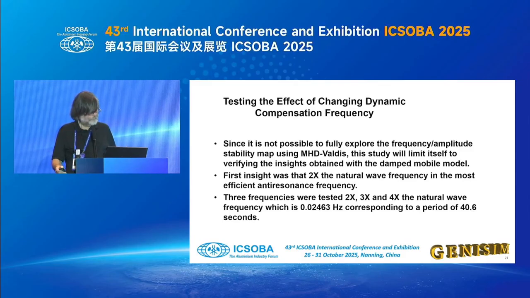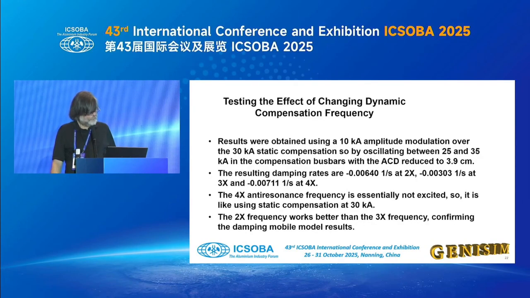So I'm showing here, 10 kiloamps amplitude, so it means that the current in my compensation bus bar goes from 25 to 35, and that oscillates the magnetic field in the cell, and that oscillation then will generate a fluctuation of the interface at the given frequency that I'm exciting. So 2x the natural frequency up to 4x.